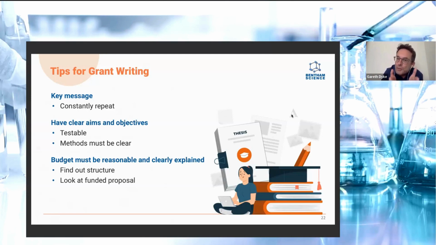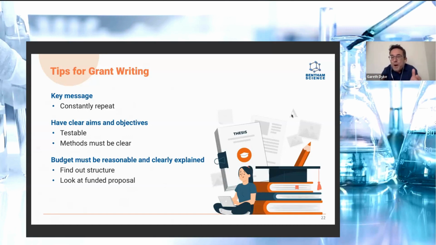So you need the structure, as I mentioned before, of a successfully funded proposal so that you can come up with a budget that's reasonable and clearly explained. Lots of grant applications go in without the budget being justified, and that is very important. If I'm reviewing your proposal and you're asking for $500,000, there's got to be a clear and easy and justified budget for that, right?